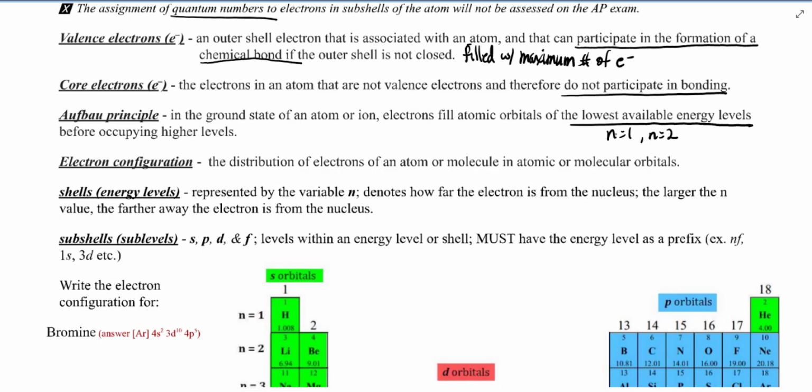They don't have enough energy to get away from the nucleus, unless you add a lot of energy. A ground state means that it is not excited and you haven't added any extra energy to those electrons.